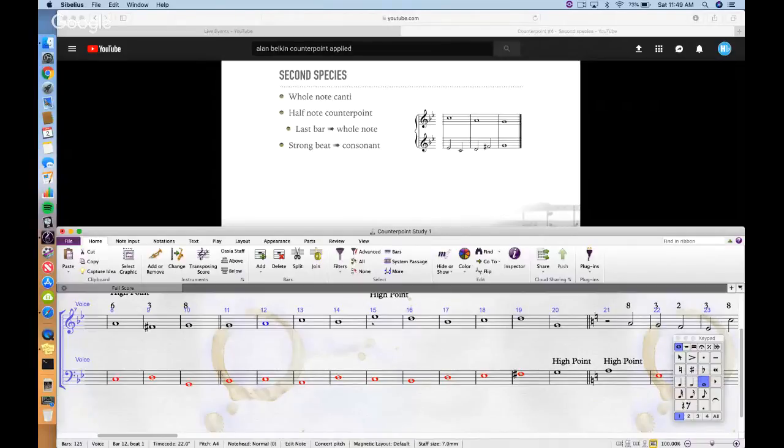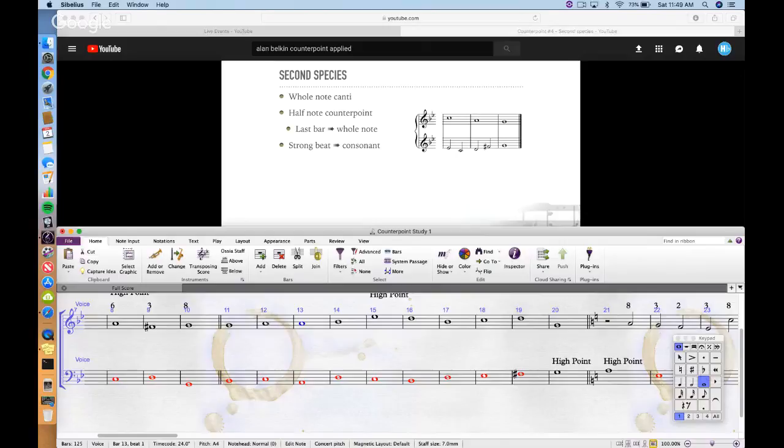The only thing that changes from species 1 to species 2, the only thing that makes species 2 unique, is that if you were to create a first species the way we have here, you can repeat notes. So there's an octave, which is still consonant, and here's a 6th, which is still consonant.